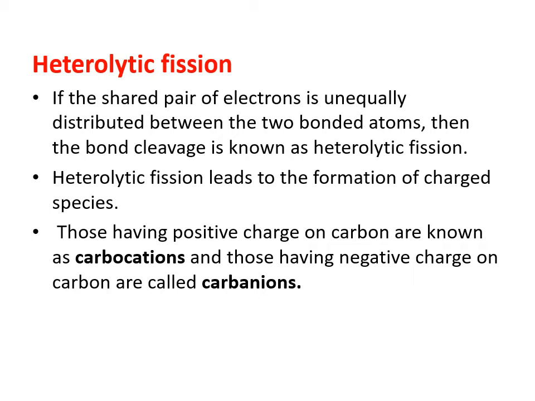And in heterolytic fission, the shared pair of electrons is unequally distributed between the two bonded atoms. The intermediates having positive charge on carbon are known as carbocations, and the intermediates which arise due to heterolytic fission which carry negative charge on carbon are known as carbanions.